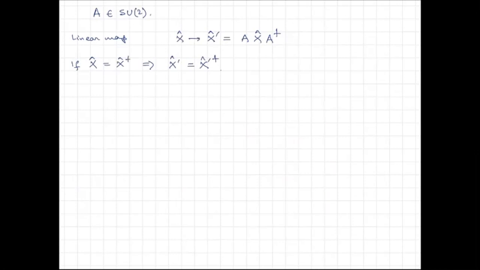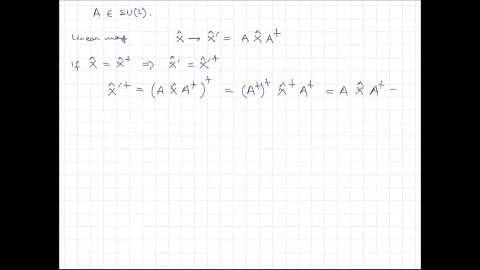So X cap primed dagger is what? It's A X cap A dagger, the whole dagger. So that means this is A dagger dagger, X cap dagger, A dagger. Now this is just A, this is X cap, and this is A dagger.